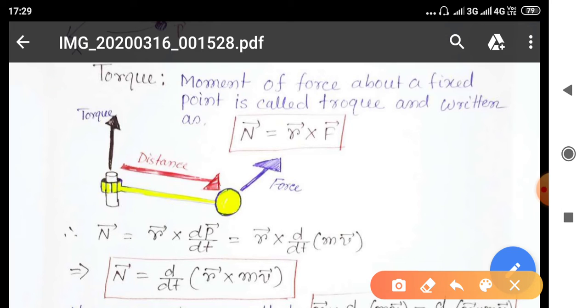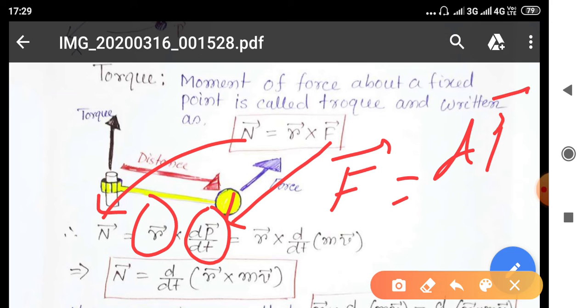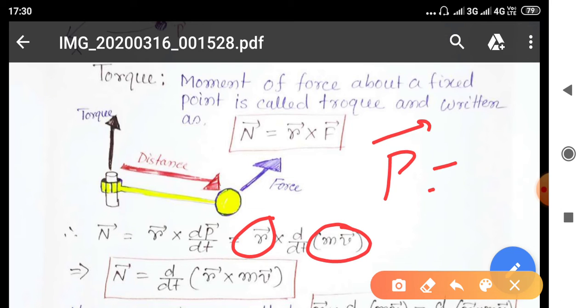Now we can directly write n vector equals r vector cross dp/dt, since we know from Newton's second law of motion that F is equal to dp/dt, the rate of change of momentum. We can write this equation as n vector equals r vector cross d/dt of mv, since the momentum is equal to mass times velocity.